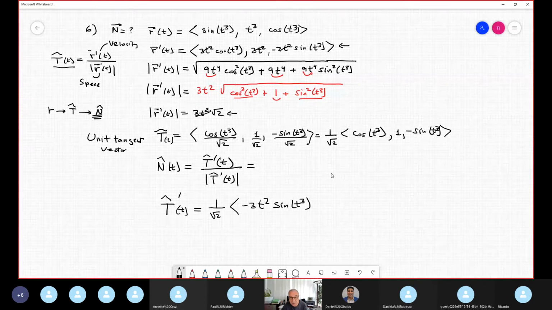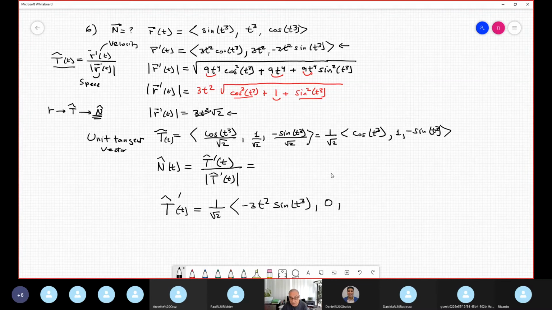The derivative of the next one is similar, but it's cosine, and the derivative of cosine is minus sine. Derivative of 1 is 0, it's a constant. And derivative of negative sine is negative cosine. Well, derivative of sine is cosine, but we have a negative 1 in front. This is minus 3 times t squared cosine t cubed. This is the vector that represents the derivative of the unit tangent vector. Okay?